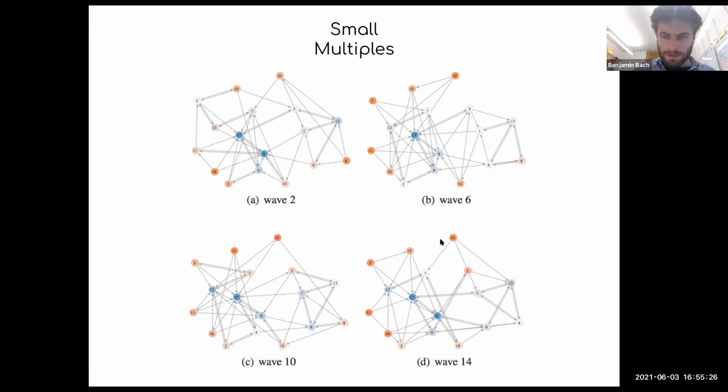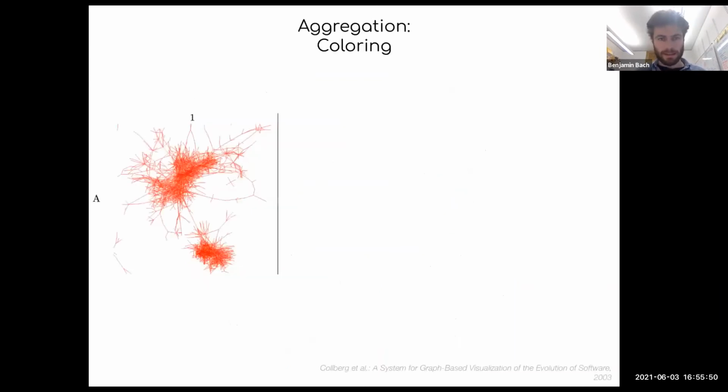For example, here 15 and 10 are not connected, but here they are connected, and so on. So it gives you a high-level topological overview of the network at each time, and you can scale this up to hundreds of small multiples if you can fit them on the screen, or you need to scroll. There are some issues with that, but it's good for publications as well. It's a static technique and doesn't require animation.